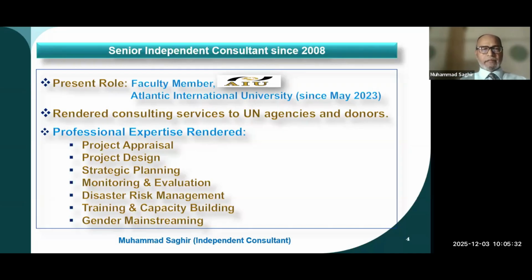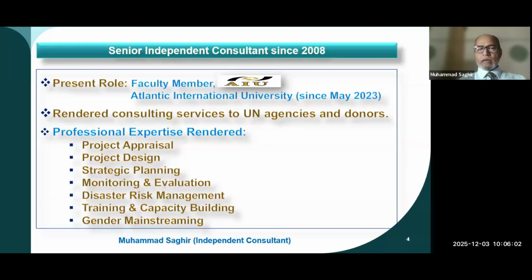Along with the team, I appraised the projects and according to the observations requirement on need-based design projects, and participated in strategic planning. And I served as a team member and as a team lead for conducting monitoring and evaluation, again for development as well as for emergency projects.